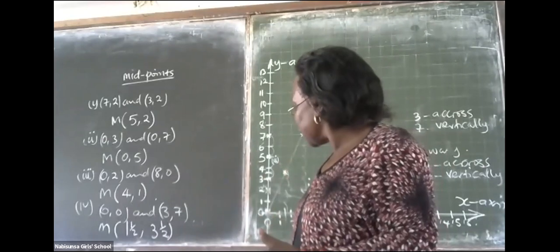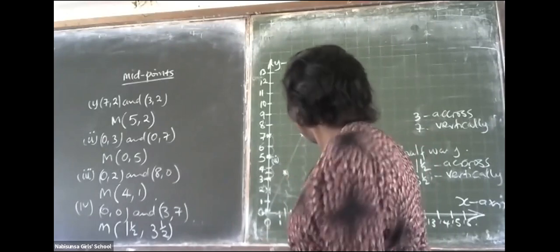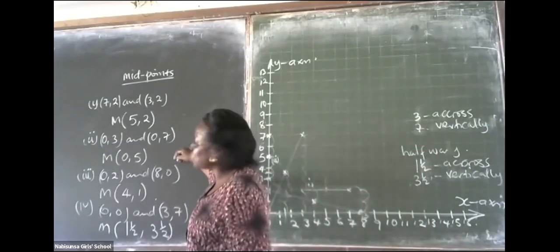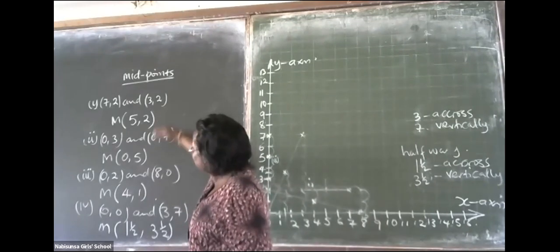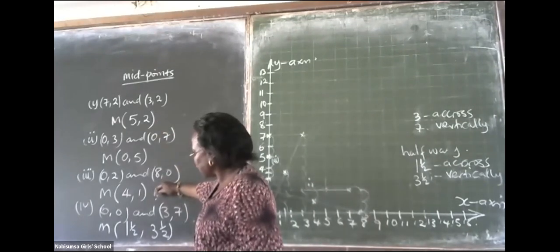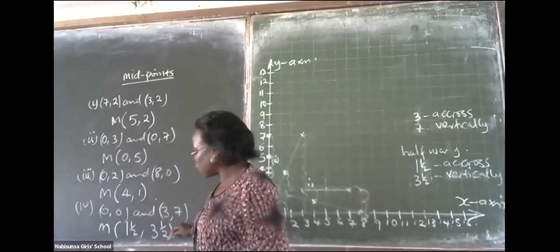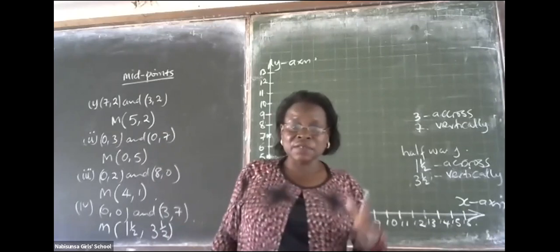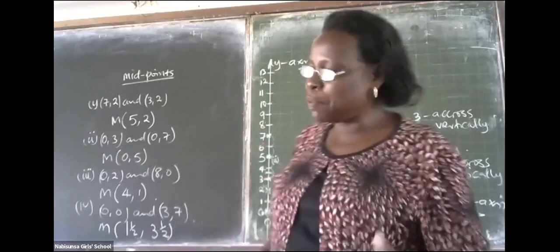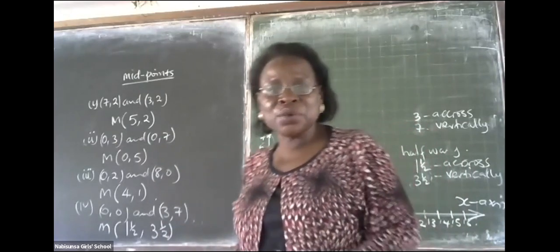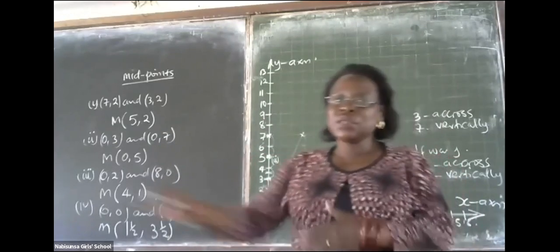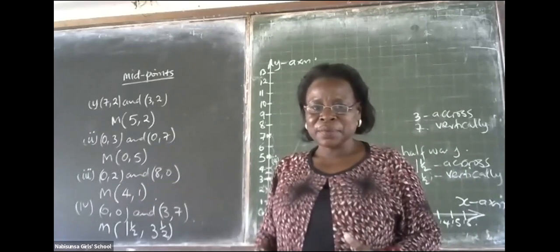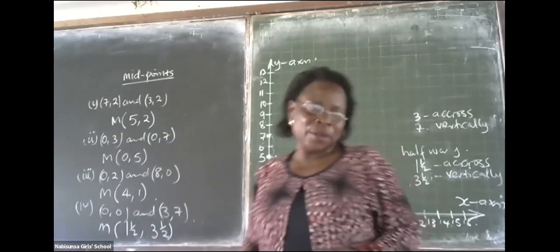We are dividing by 2, and by this chance, we are having half points. For the first numbers, when you are dividing by 2, you are getting whole numbers. But by coincidence, in number 4, we are getting half points. So that's why you are getting a half. And you always divide by 2 if you are taking the midpoint, because a midpoint is a value that divides the whole journey into 2 equal parts. So that's why we are dividing by 2. Answered? You're welcome.